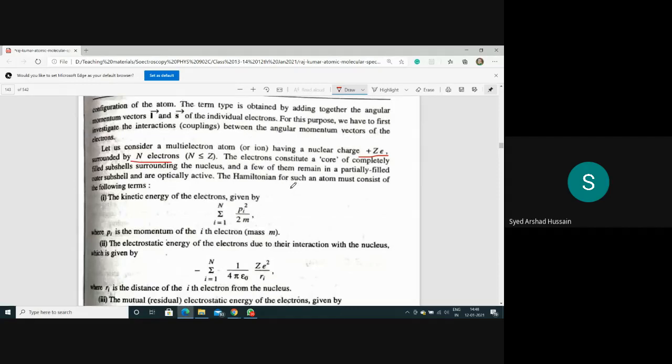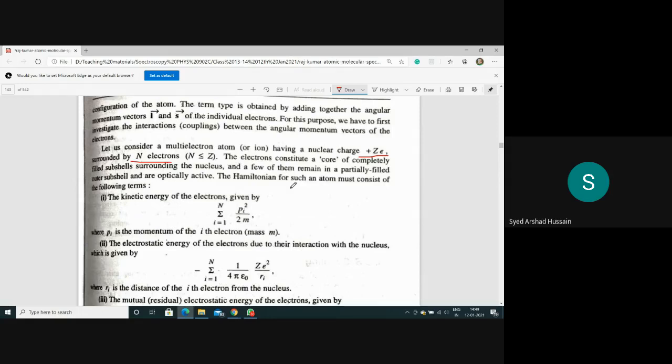In this atom, there will be a completely filled core, then some electrons surrounding the system. We will mainly neglect the effect of the core in this case. Let us consider all these N electrons are optically active.